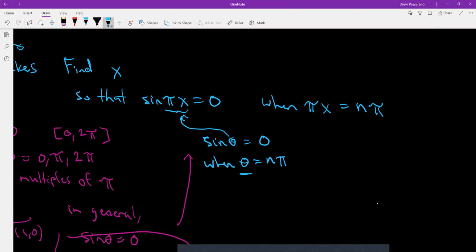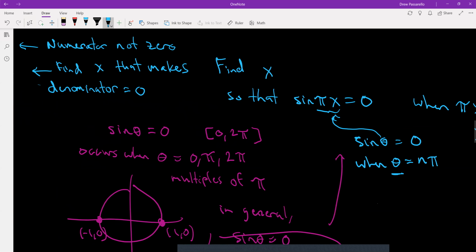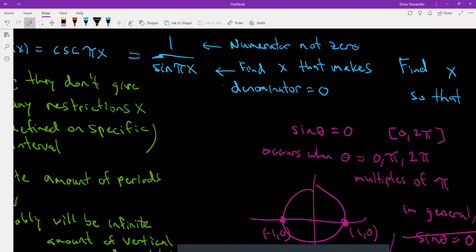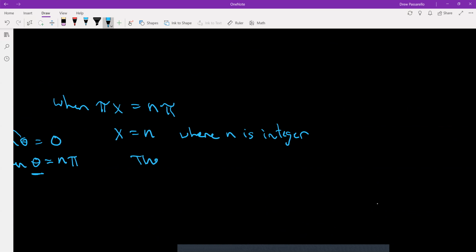Then I can isolate x by dividing by pi. That means x equals n. Those are the vertical asymptotes, where n is an integer. These are the values that when you plug them in for x, you get 0 in the denominator for sine of pi times x. So it's an infinite amount of vertical asymptotes, since they didn't tell us a certain domain for x.